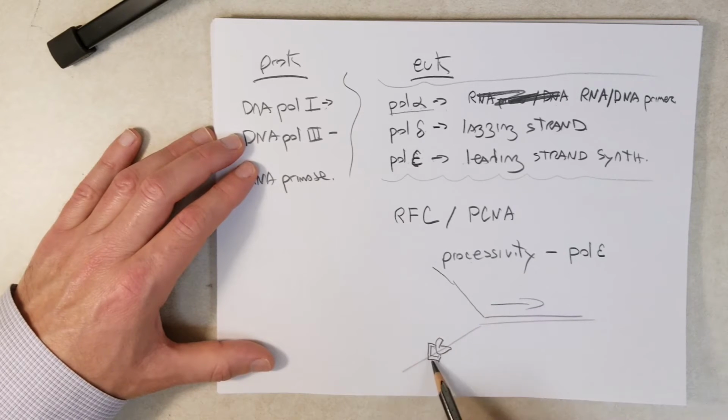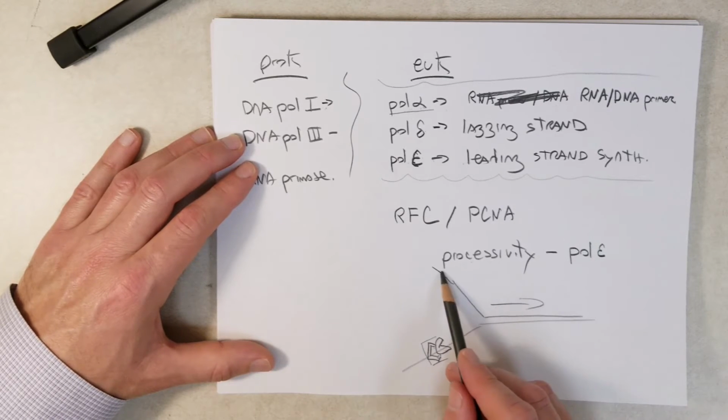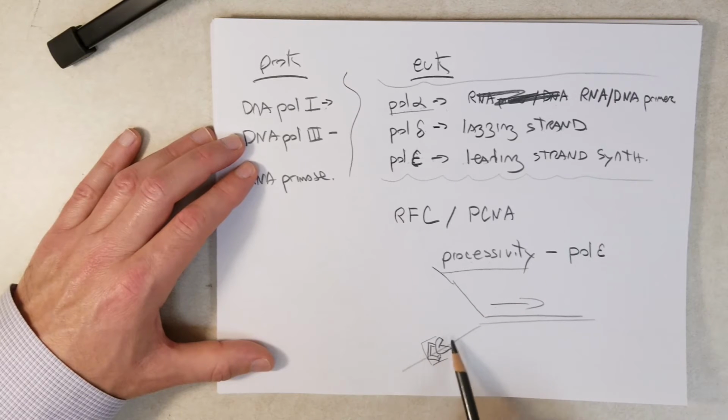So you can see how having this PCNA complex associated with the polymerase would help keep it from falling off the template, and therefore increase the processivity, increase the number of bases joined together by polymerase epsilon before it falls off the template. It needs to be reloaded on.